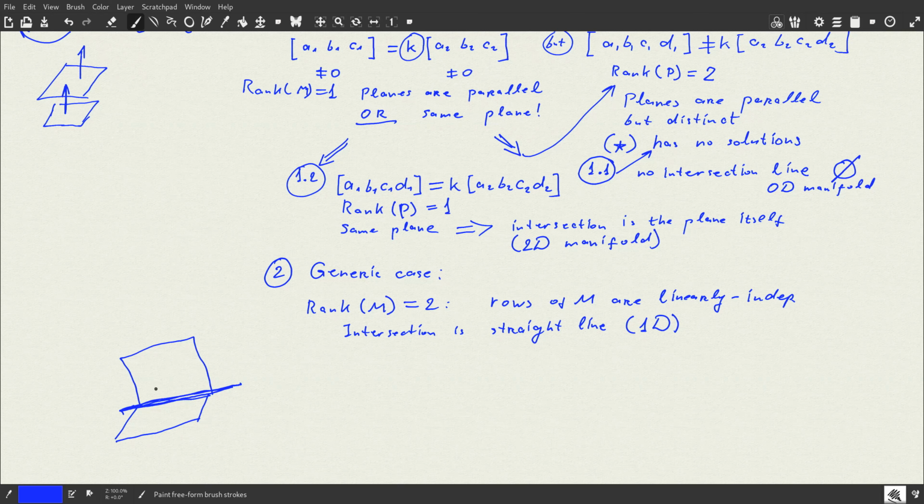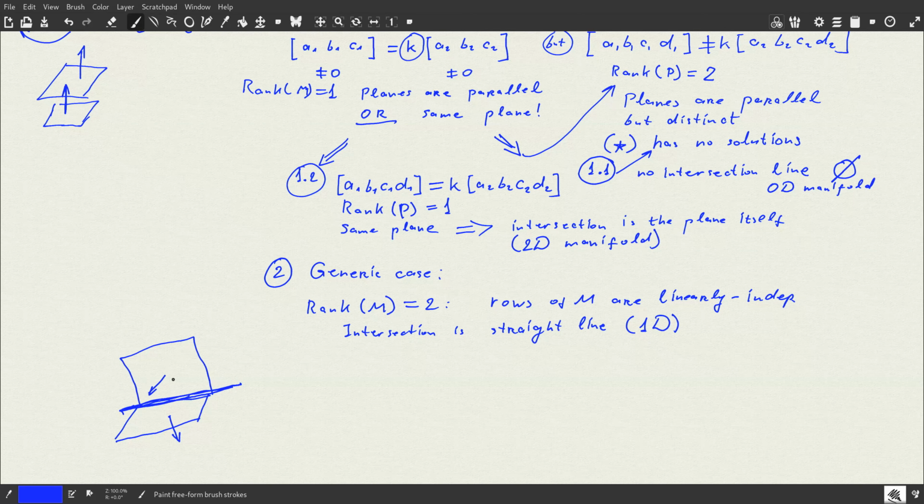If we have normal vectors on these two planes, then because this intersection line belongs to both of them, it is orthogonal to both normal vectors. So a vector which is collinear with this straight line would be orthogonal to both normal vectors. And if it is orthogonal, then it can be viewed as a vector product between the two.